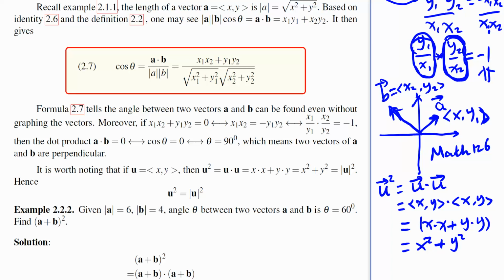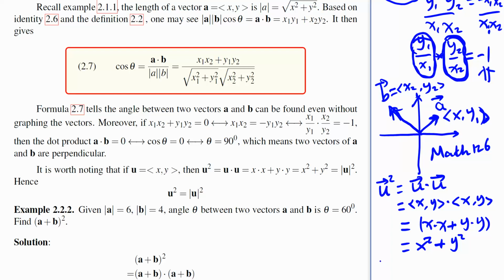All right. Now, what's the meaning for the absolute value of vector U, then squared?